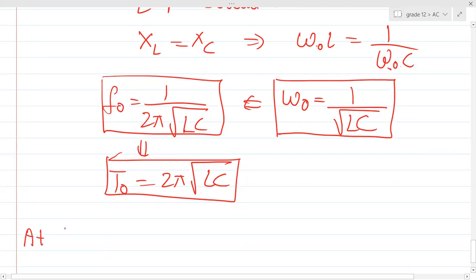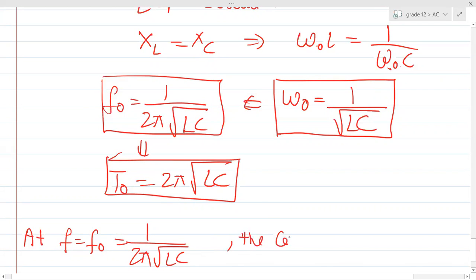So basically, guys, at f equals f naught, which is 1 by 2 pi under root of LC, or basically at the condition of resonance, can you tell me what all things will happen?